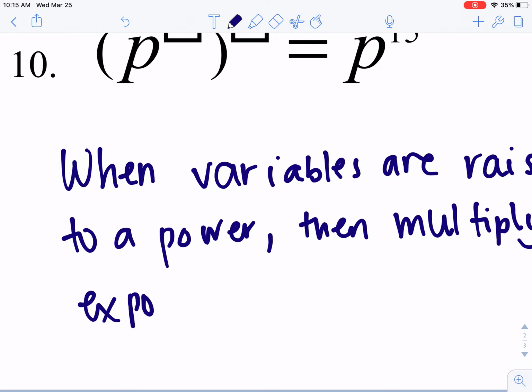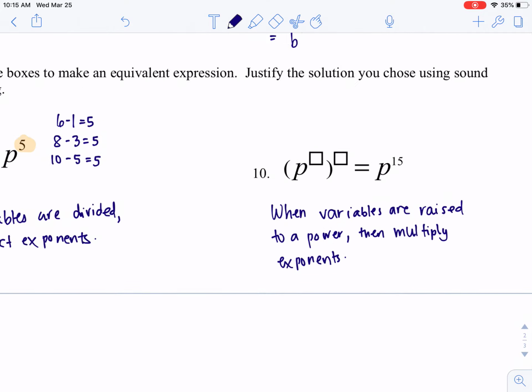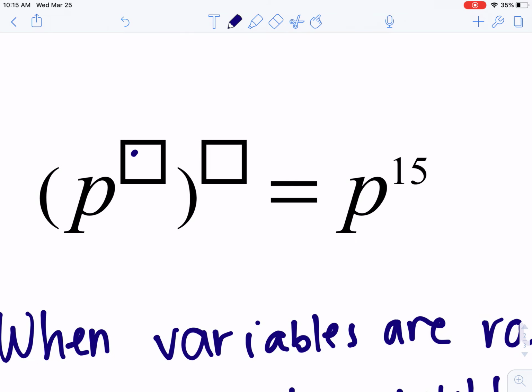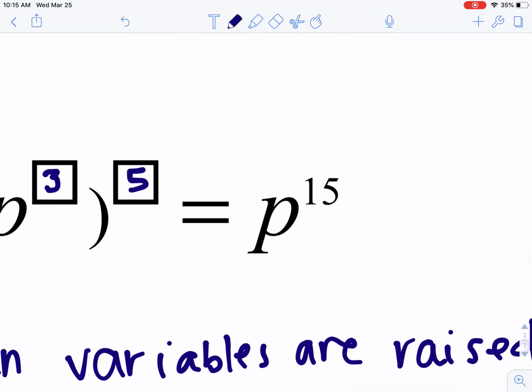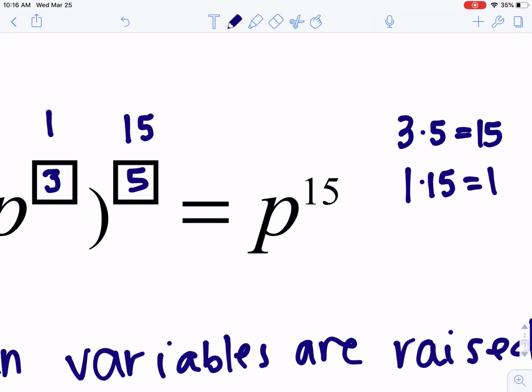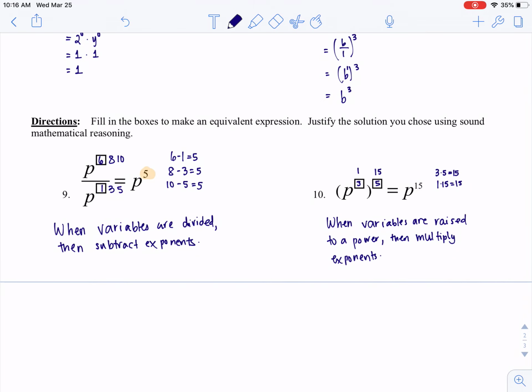So in this case, we can have any combination that multiplies to 15. So I'm going to pick 3 and 5, because we know 3 times 5 is 15. You can also pick 1 and 15. And then any other that multiplies to 15. You can even use double negatives.